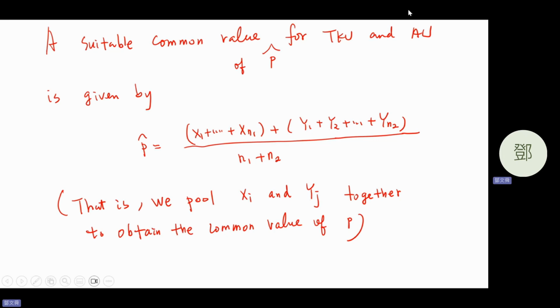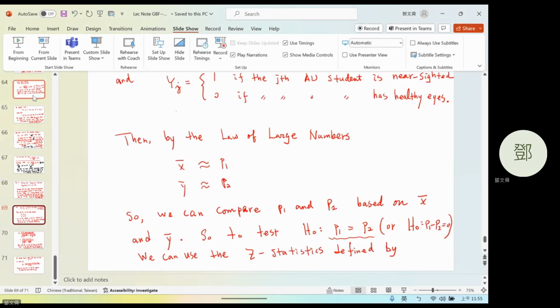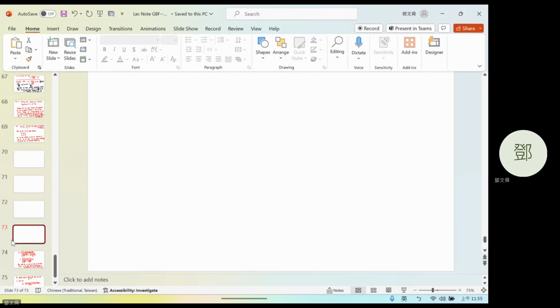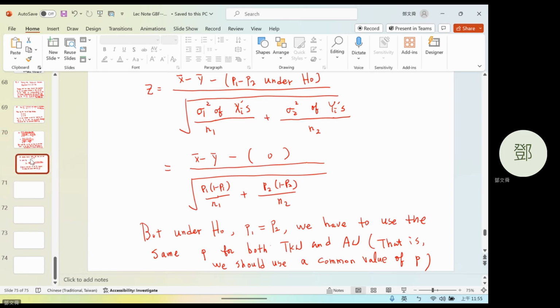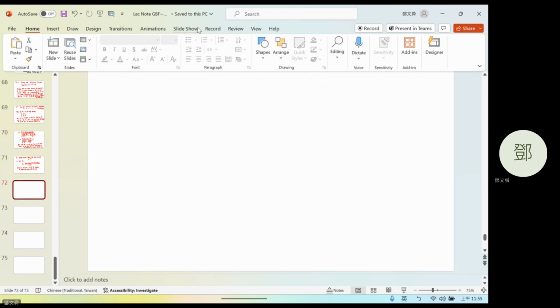So the test statistic becomes this, a suitable formula.